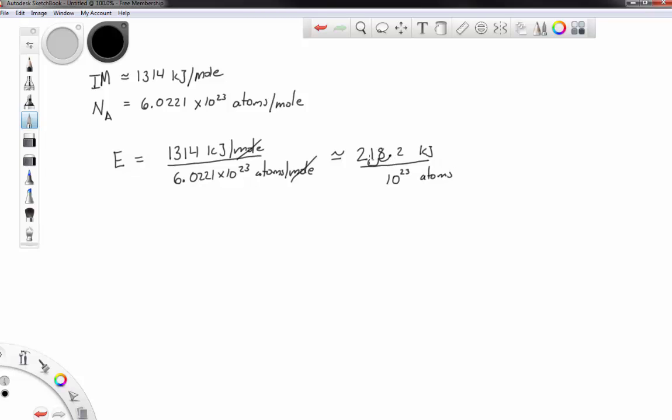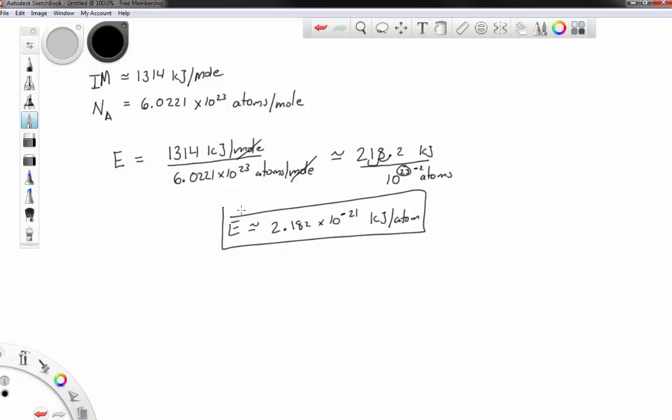So if I wanted to move this thing over a couple, that's going to change this number by 2. And so I end up with an energy in this case of about 2.182 times 10 to the minus 21 kilojoules per atom.